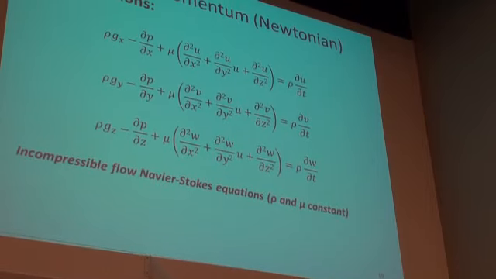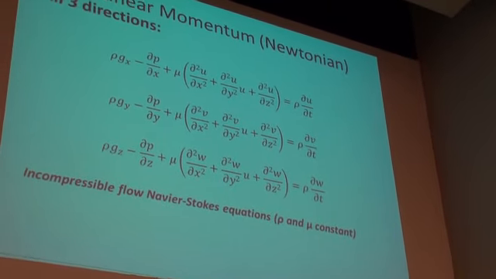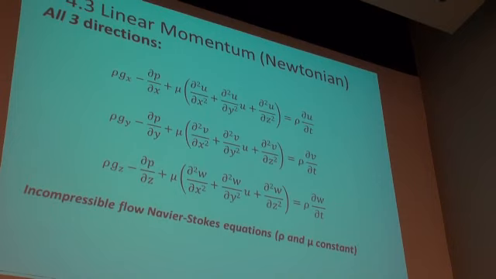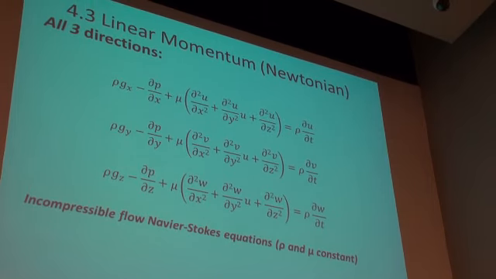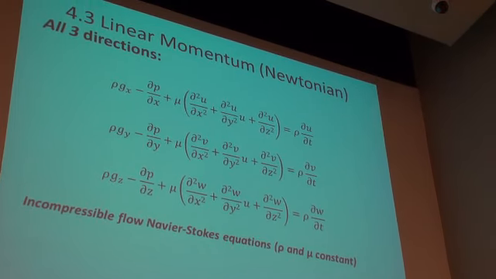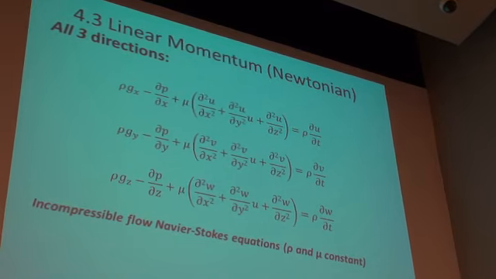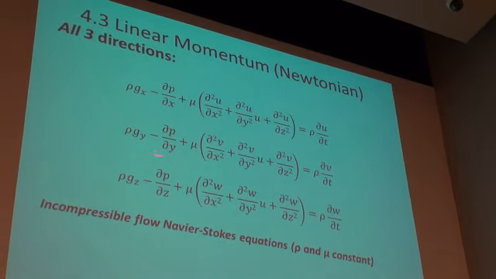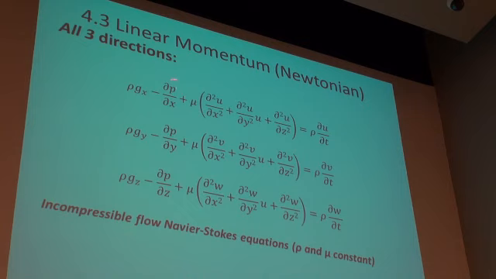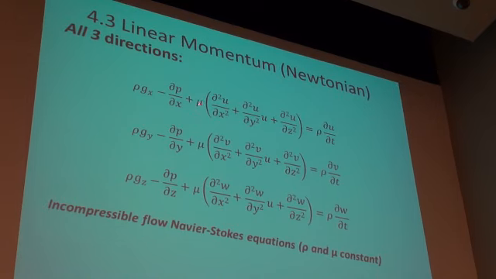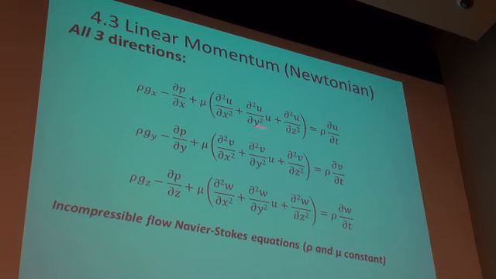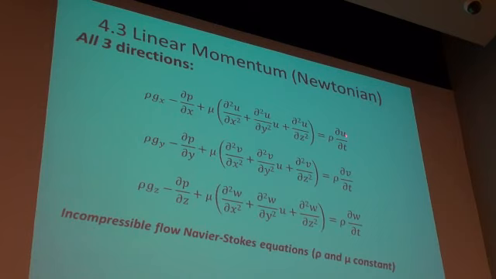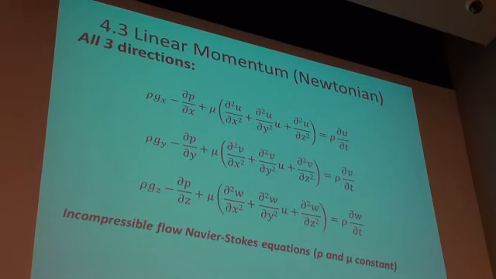And the result is, if we do now a little bit of manipulation, then we get these very, very important equations. Rho multiplied by gx is equal to minus dp/dx. That is the body force. The surface force plus the viscosity multiplied by those terms is equal to rho multiplied by du/dt.